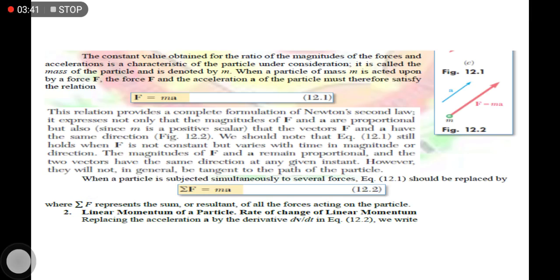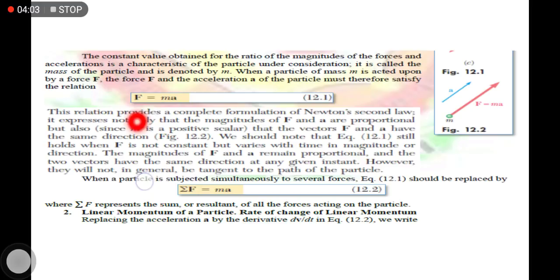Here is what I was saying: we have a basic equation for the second law of motion, force is equal to mass times acceleration. But for your information, this force is still the resultant force. You might make a mistake.